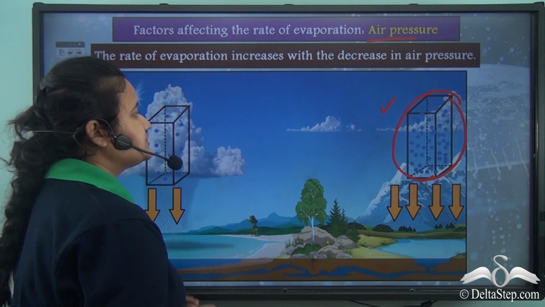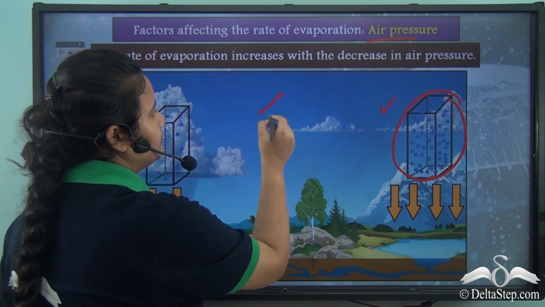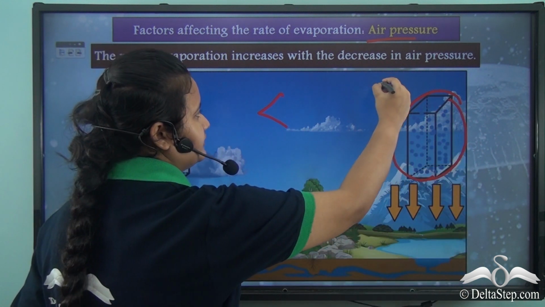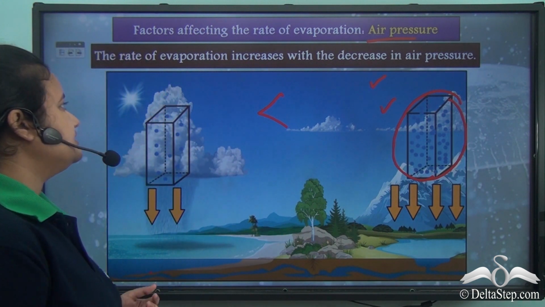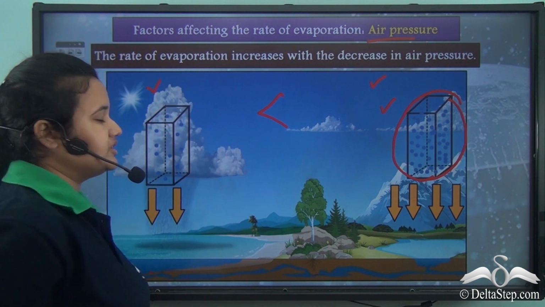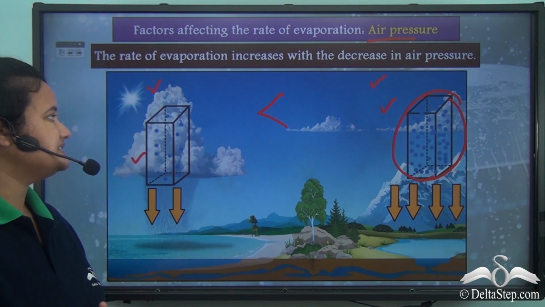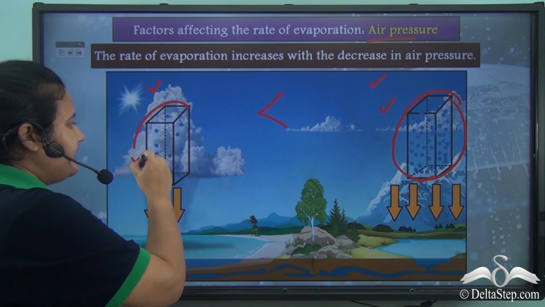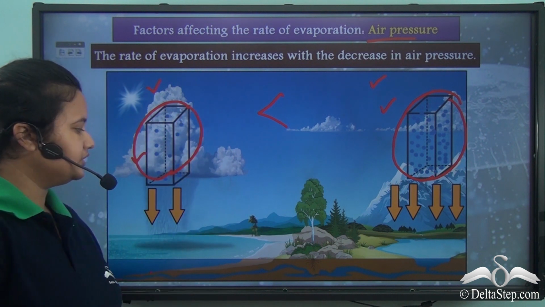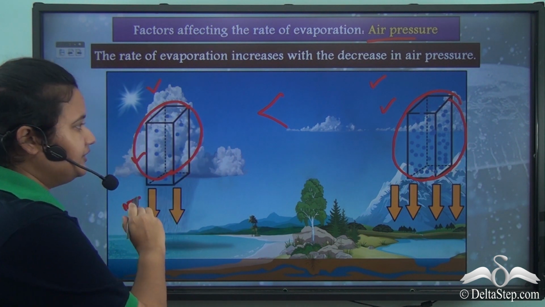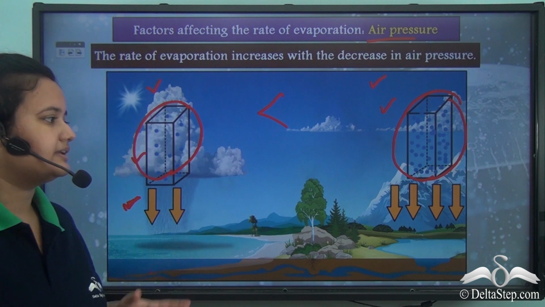So atmospheric pressure is more in colder regions, whereas in warm regions the air is less dense as it contains fewer air molecules. So the atmospheric pressure is also less.